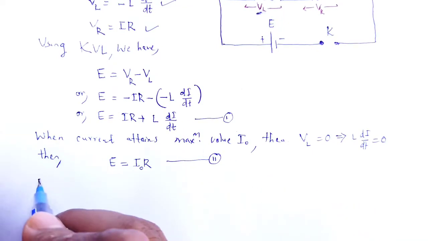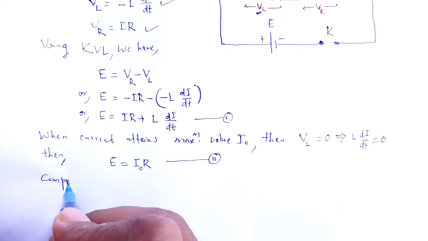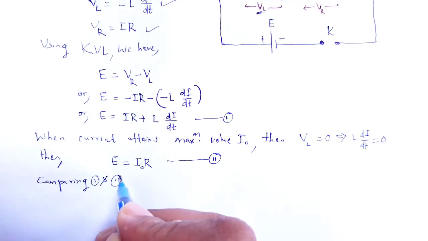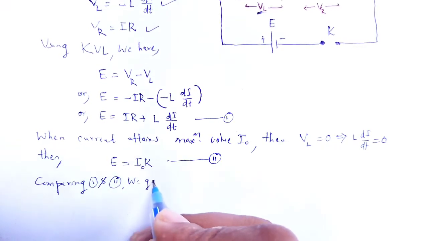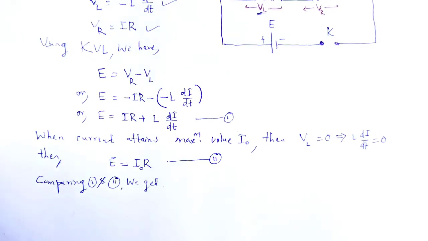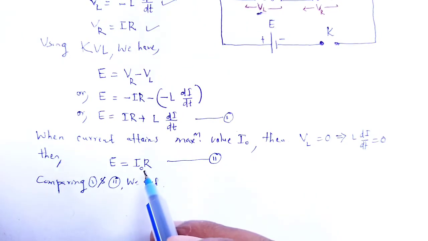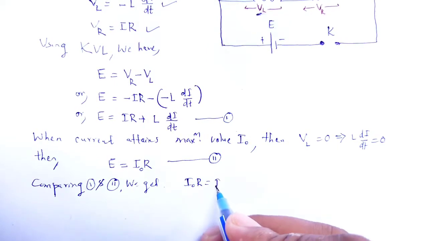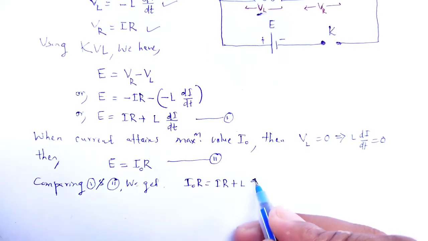Comparing 1 and 2, we get I naught R is equal to IR plus L di by dt.